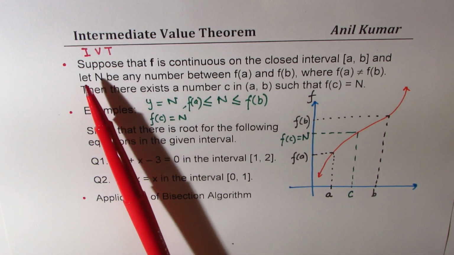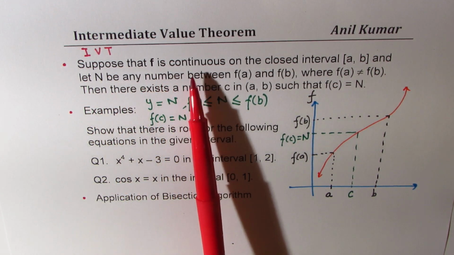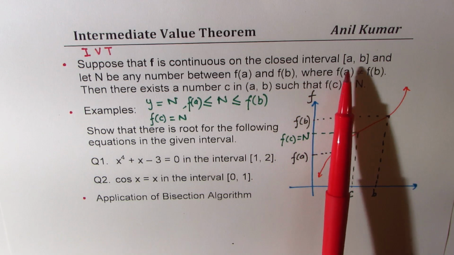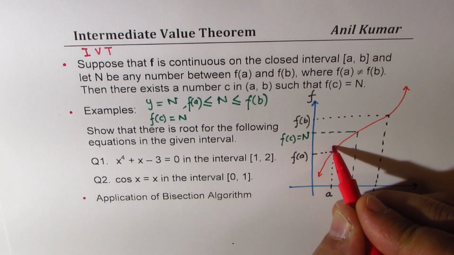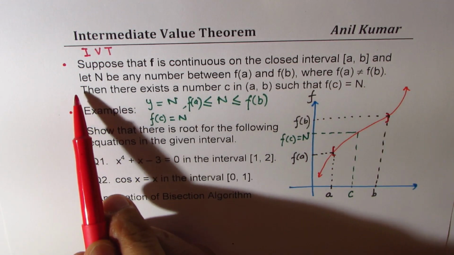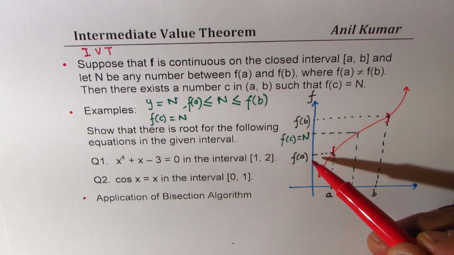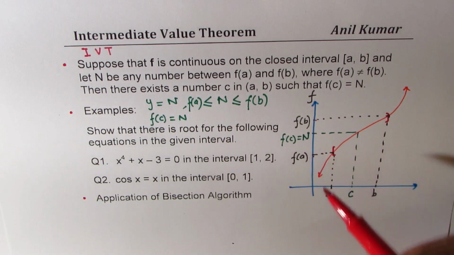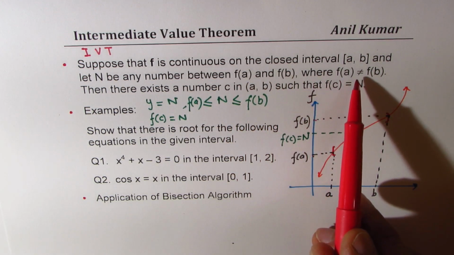The wording is kind of like this. Suppose that f is continuous on the closed interval a and b, right? So this is the closed interval a and b. And let n be any number between f(a) and f(b), where f(a) is not equal to f(b).